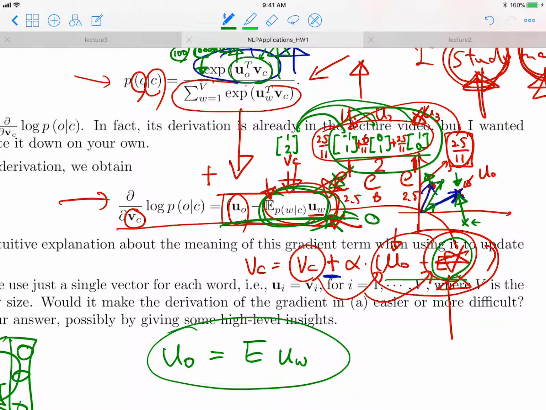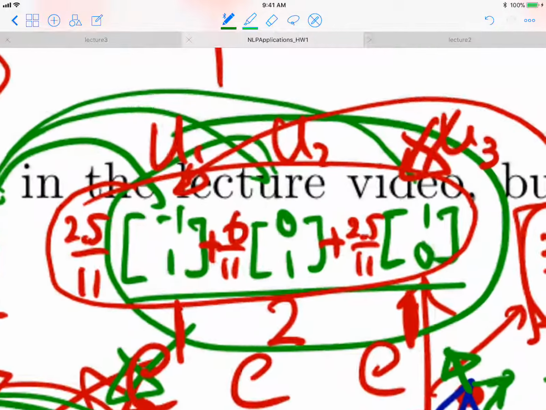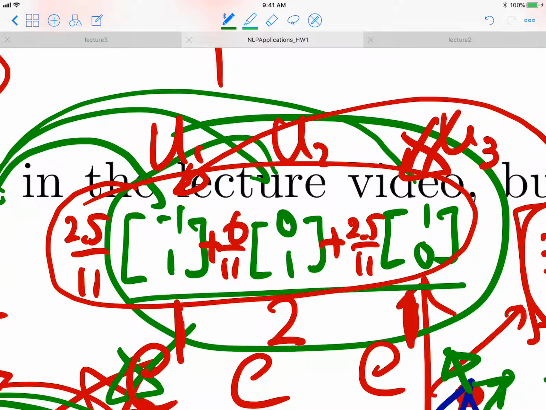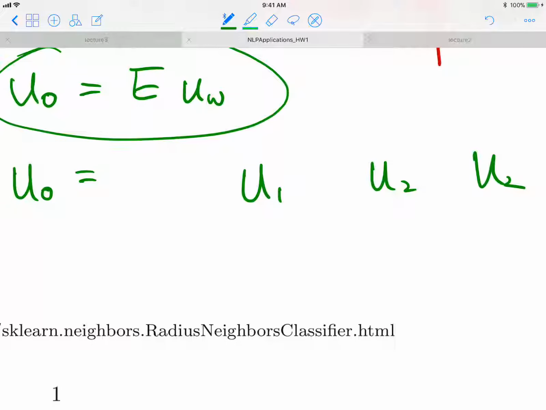Let me give a hint. So it is like mu0 equals mu1 and mu2 and mu3. These are three vectors: -1, 1, 0, 1, and 1, 0. So these are u1, u2, u3, right? And then the expectation, as I mentioned, is represented as a weighted average. What is that weighted average?